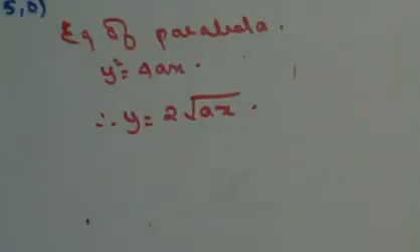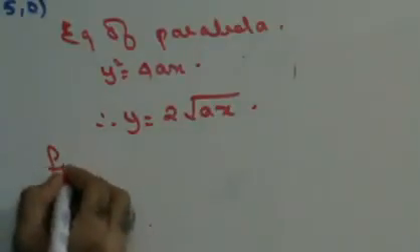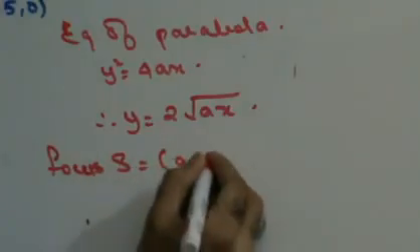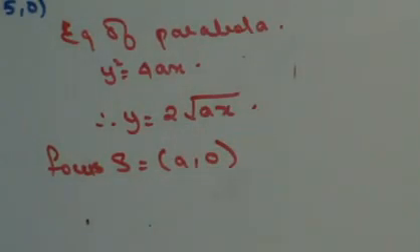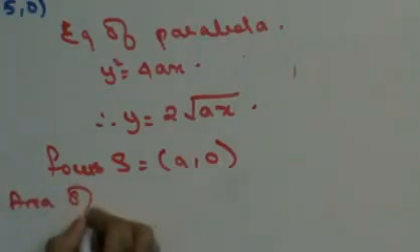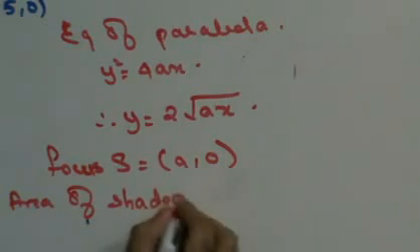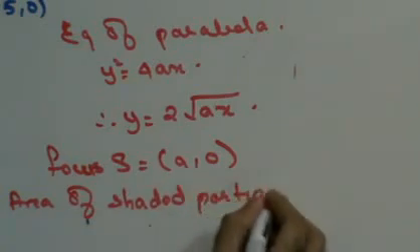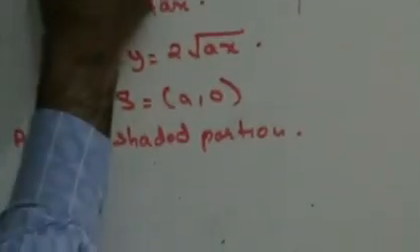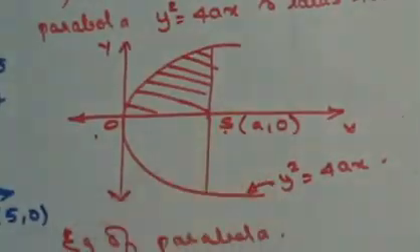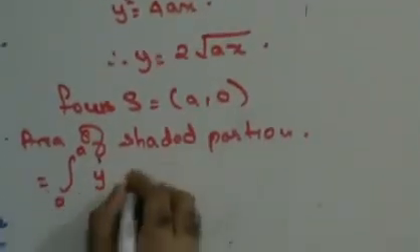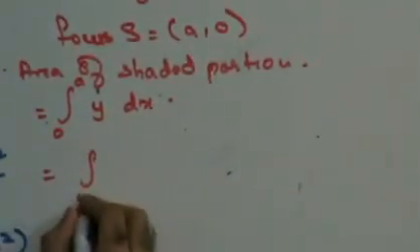Now, once I have this, I can also say that the focus S is a, 0 for a parabola. That means the area of the shaded portion is going to be nothing but the integral from 0 up to a of y dx.